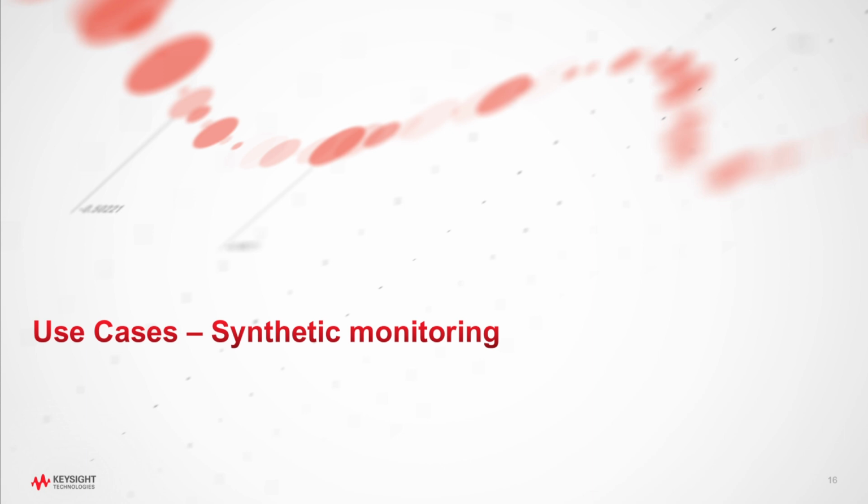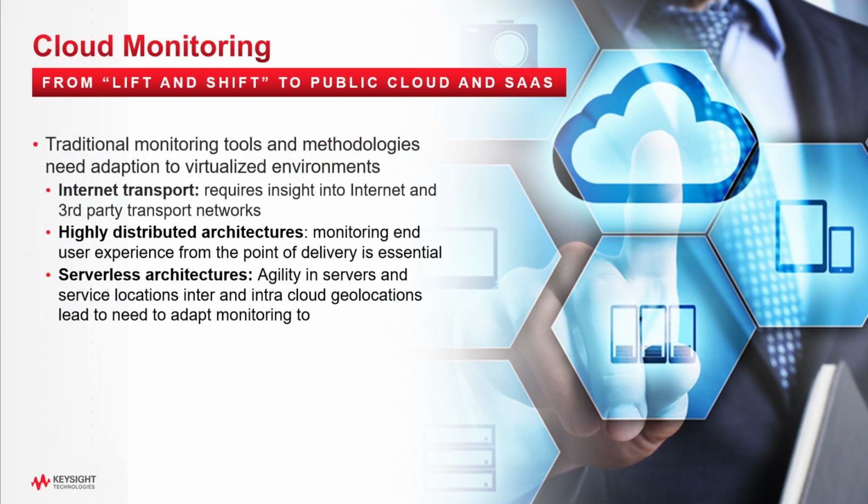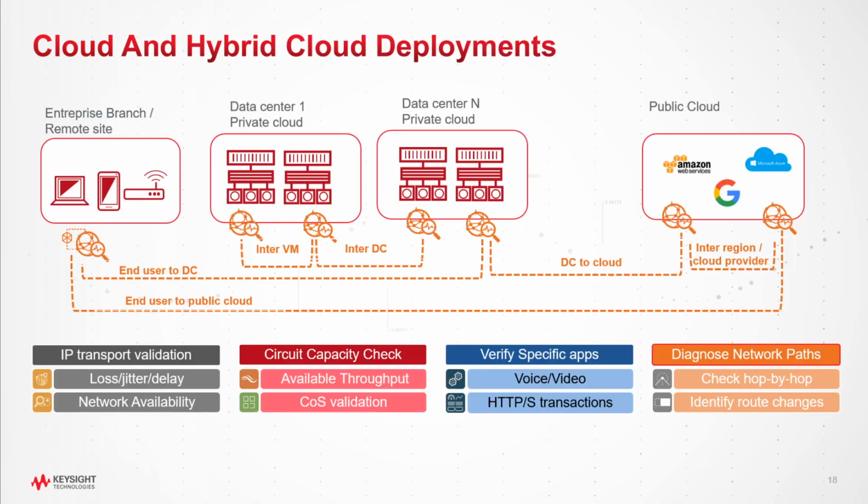So again, we're going to go into some of these use cases for synthetic monitoring. The traditional idea as we moved through networks was actually just to take everything I have and move it to the new environment. But now we're starting to see very hybrid, multi-cloud environments with not only self-hosted applications, but software as a service where everything's just done under transactions across HTTP.